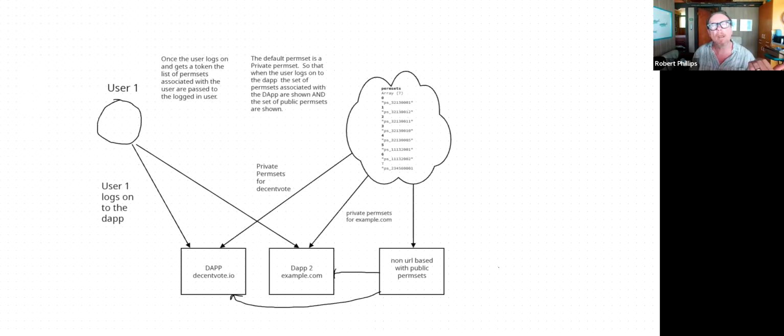For example, you can have a public social media app, right? That sets it up in such a way that whenever you want to post something, or interact with the social media app in some way, it checks for the existence and the token of this proof of personhood perm set, right?